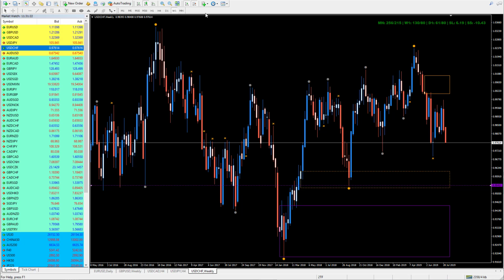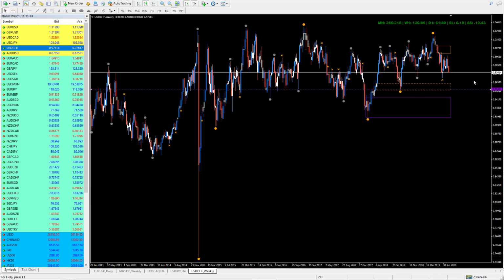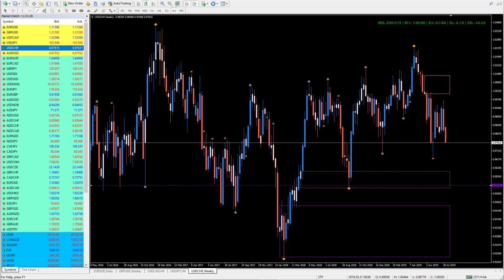Okay, so what do we have there? We have market structure here. It's failed the area that did it. We kind of have this one here. This closed below this, so we have that. Furthermore, we had this area here.